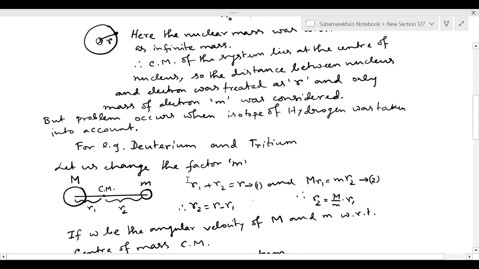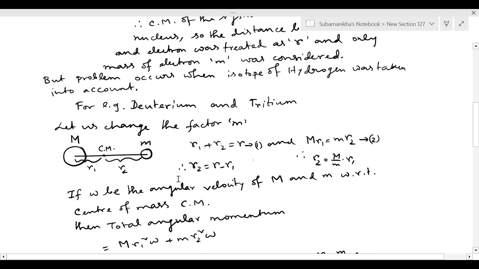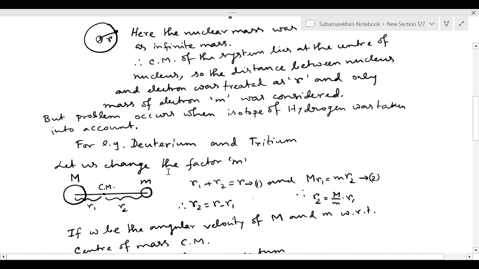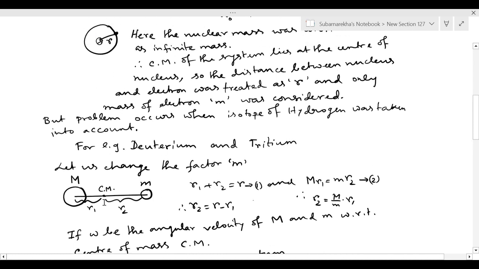If we consider a figure like that, instead of the first figure, here two masses or two spheres are drawn, where capital M is the mass of the bigger one, which is taken as the nucleus, and small m is the mass of the smaller one, which is taken as the electron mass.